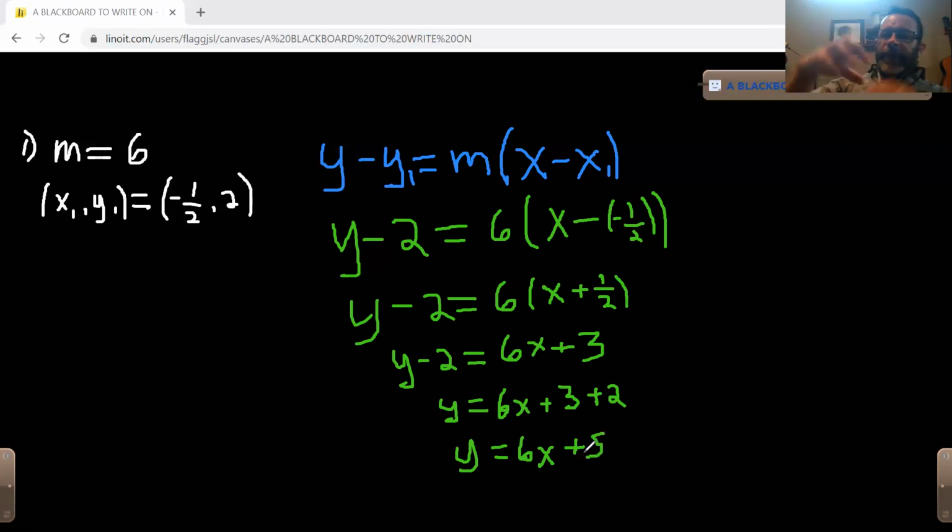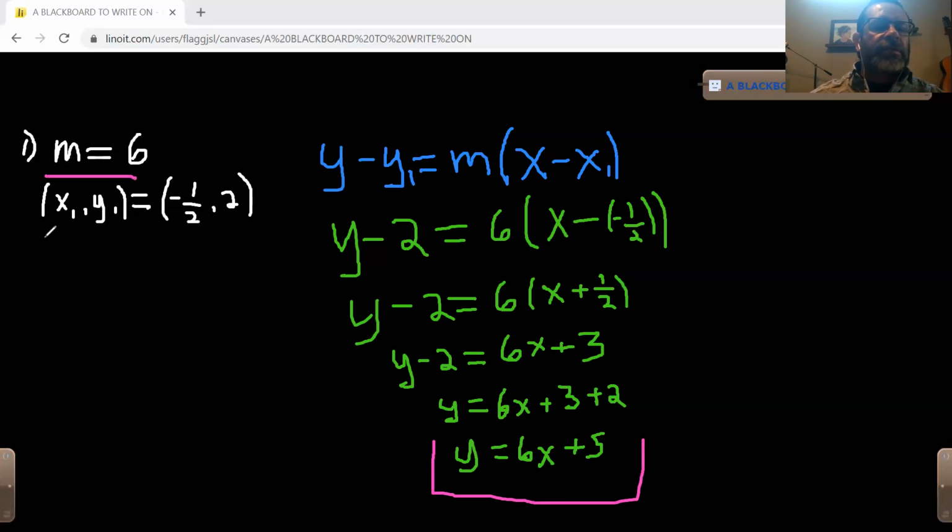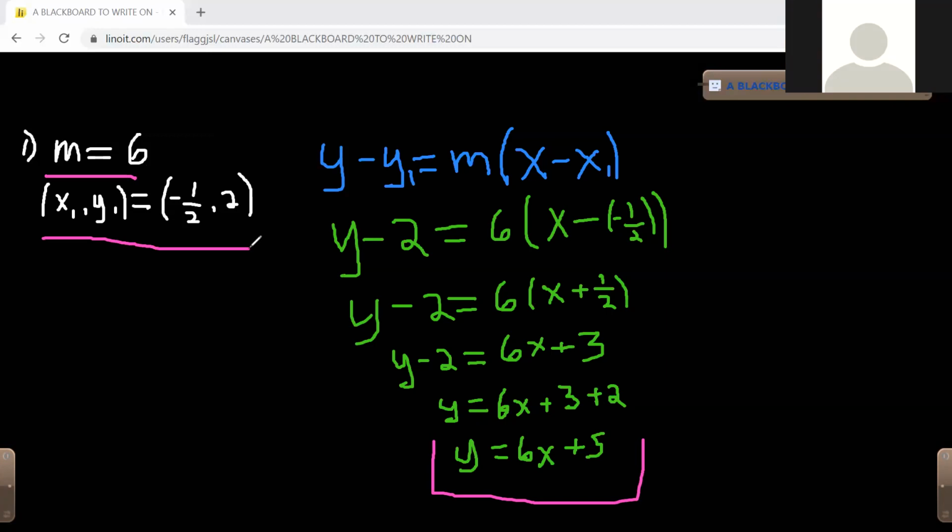And this expression represents the line that complies with these two characteristics. Questions with this one? That will be the answer.